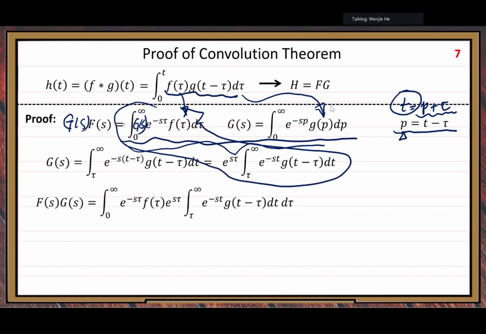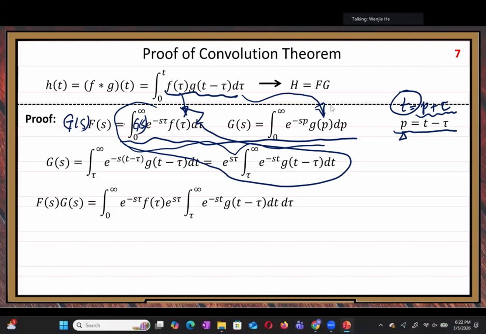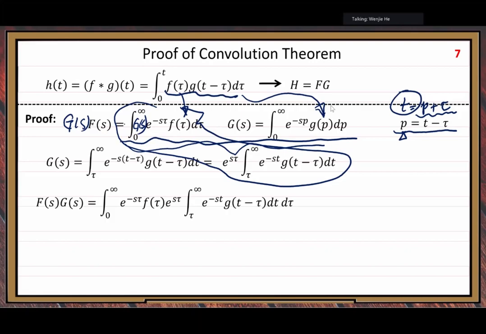Then the next step is a critical step. We did this kind of thing last time, so here we need to do it again. That's the interchange of two integrals.